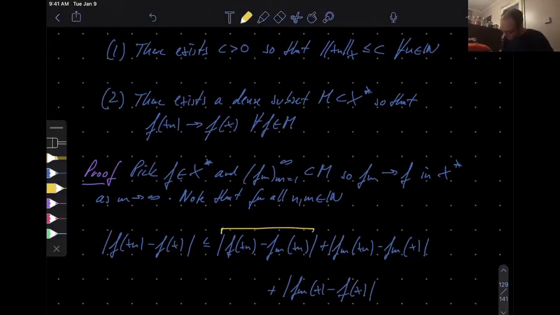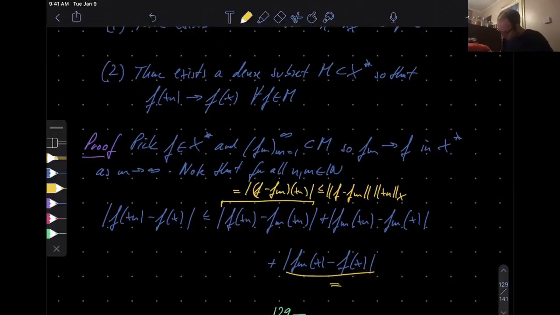And now again, here you use that this is (f minus fm) on xn. This is less than or equal to the operator norm of f minus fm, and then the norm of xn in X. The second one you leave for the moment, and for this one you use the same argument that this is at most the operator norm of f minus fm and then the norm of x in X. Okay, good.